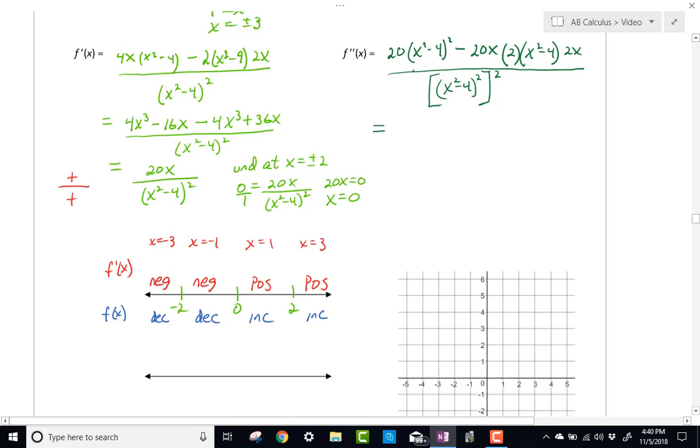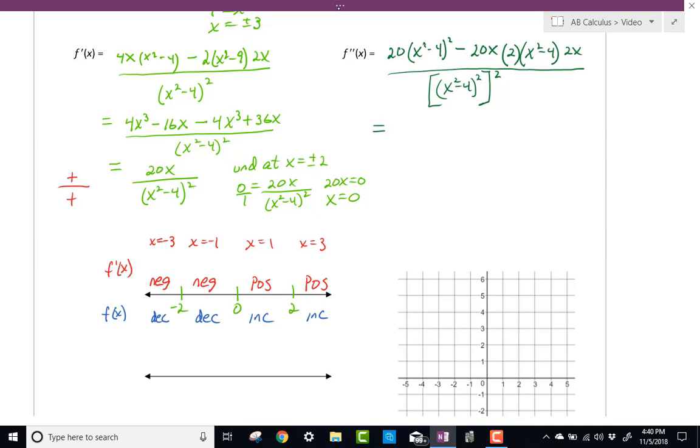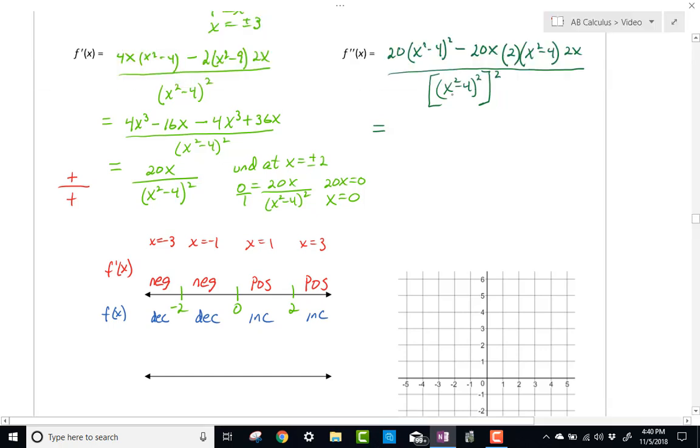All right. So then this is looking a little bit ugly here, but think about this. I've noticed I've got some x squared minus 4s in the numerator and the denominator here. So if you clean up the denominator a little bit, x squared minus 4 squared to the second power is really just x squared minus 4 to the fourth power.